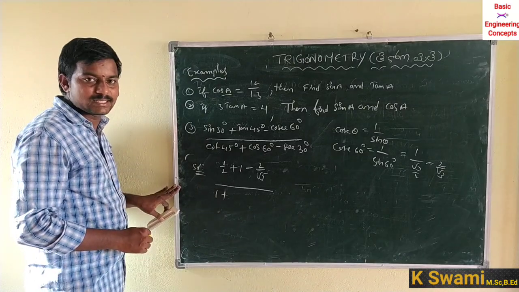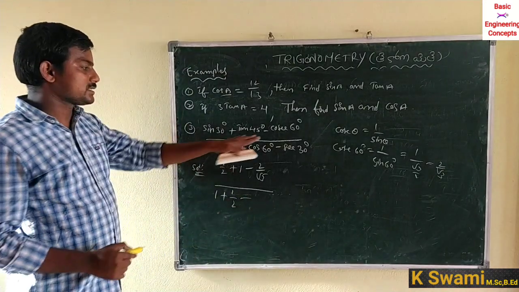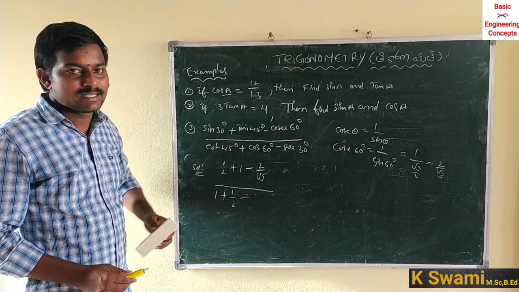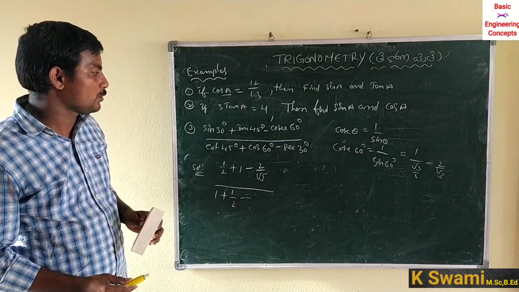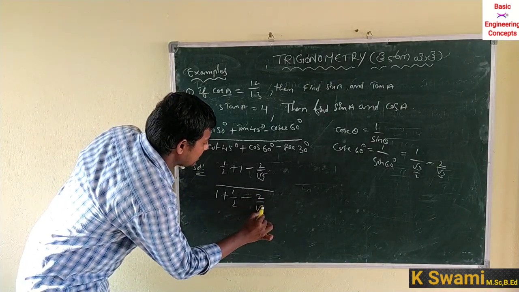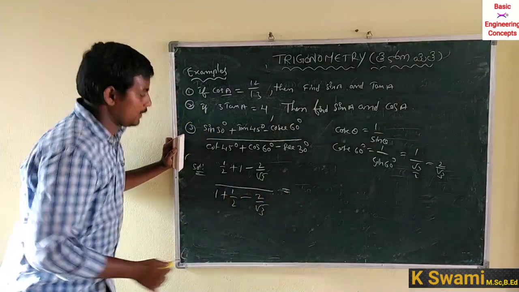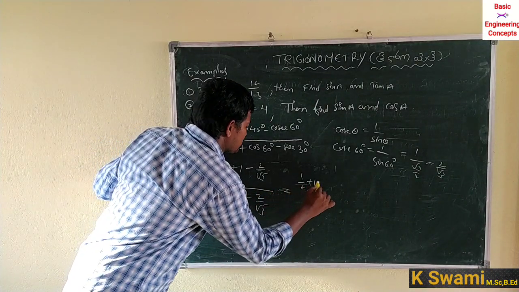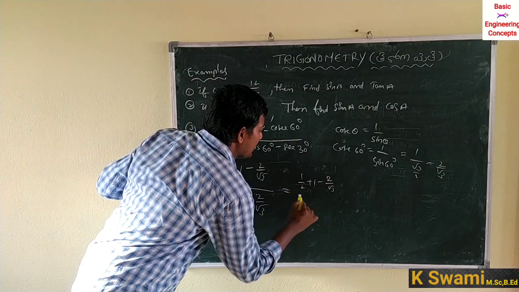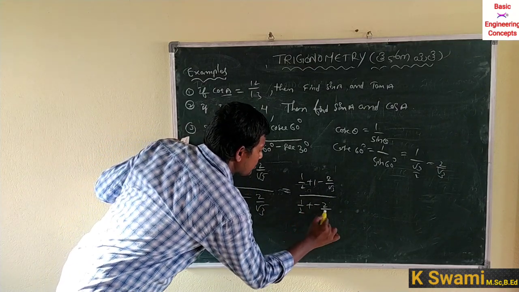Cos 60 degrees is equal to 1 by 2, and secant 30 degrees is equal to 2 by root 3. So that is equal to (1 by 2 plus 1 minus 2 by root 3) by (1 by 2 plus 1 minus 2 by root 3).